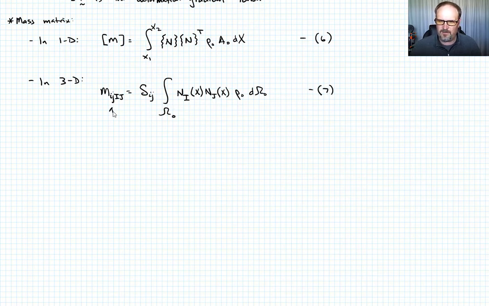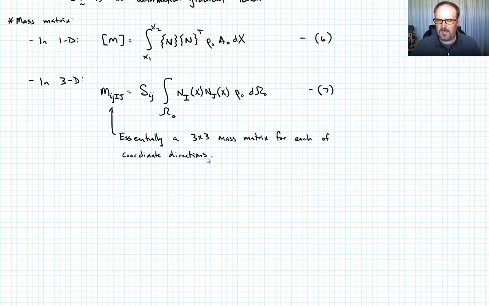So what is this term here? If you just remove the delta ij in front of it, it's exactly the same term as equation 6. So really we basically have a 3 by 3 mass matrix for each of the 3 directions ij. Since I introduced this notation, little i and little j correspond to the x, y, z directions, so 1, 2, and 3.